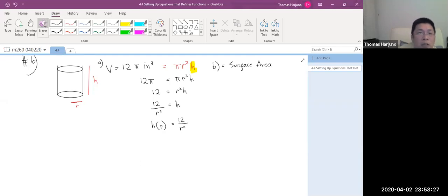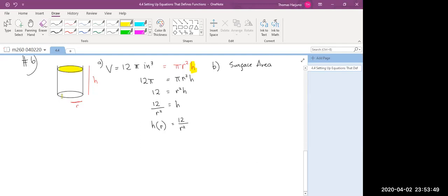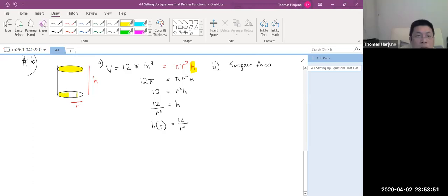But what is the formula for surface area of a right circular cylinder? Now notice that this right circular cylinder consists of three parts. The first one is the area on the top, the circle on the top. Are you with me? Which is the same area as the circle at the bottom.